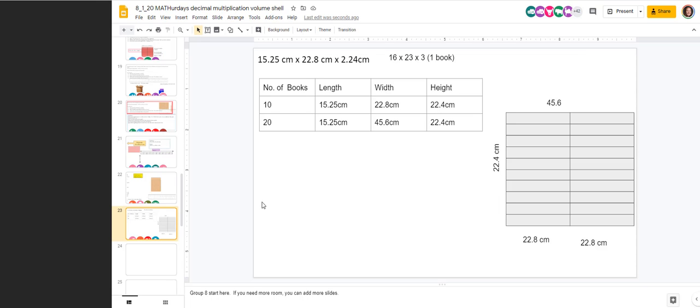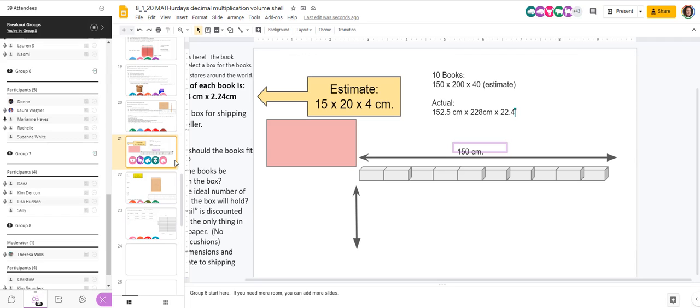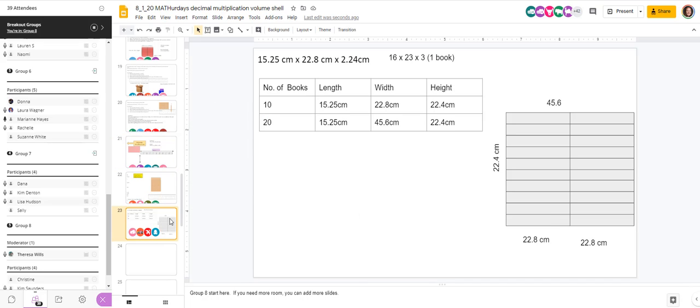Does that make sense? It does. So based on the dimensions, my guess would be that's the binding, right? You mean the spine? Right. Yeah. So I would imagine that the longest would be the spine. So the 22.8. Right. For that.